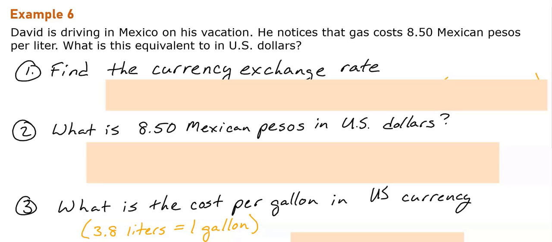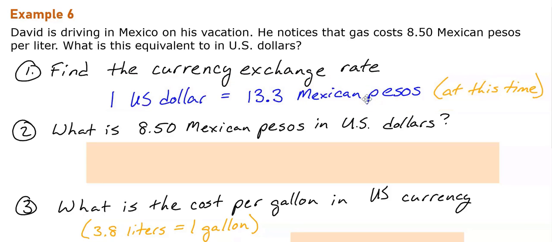So, first thing we need to do is a little research, find out what the current currency exchange rate is. For the purpose of this example, I'm going to say the exchange rate is 1 US dollar equals 13.3 Mexican pesos.